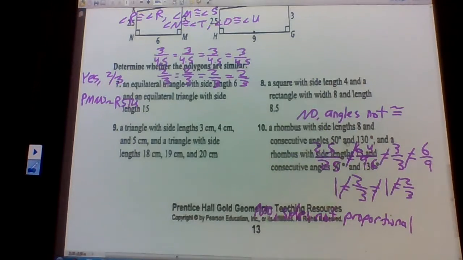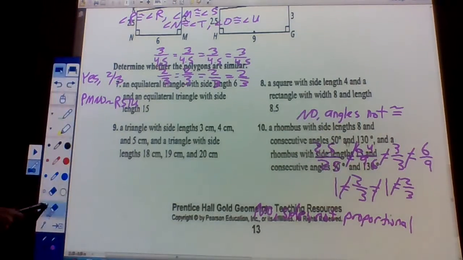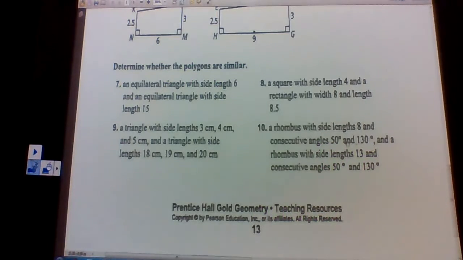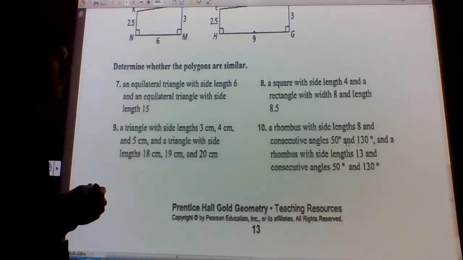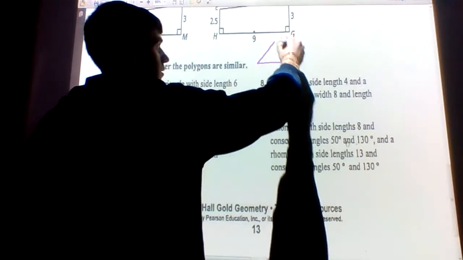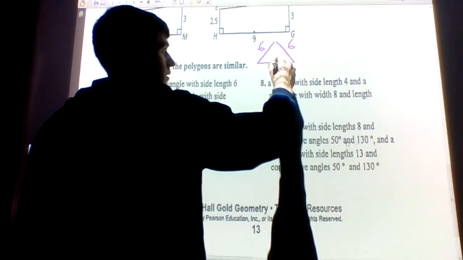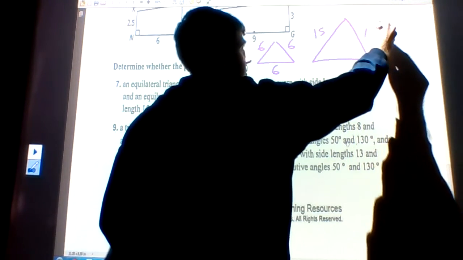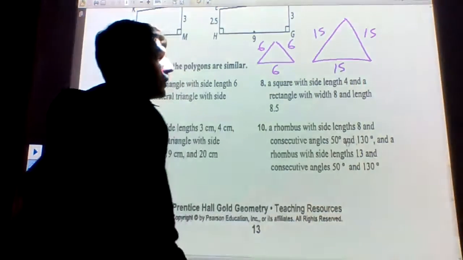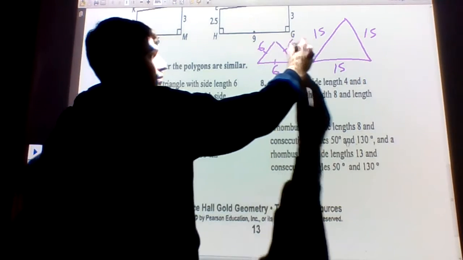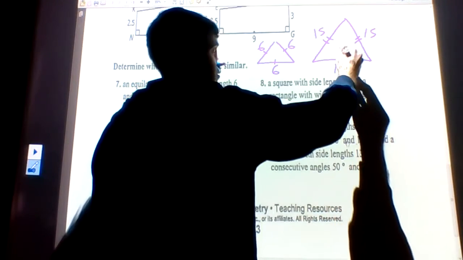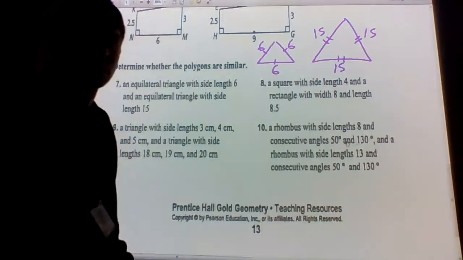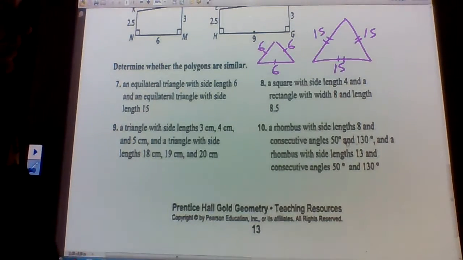Okay, 7, 8, 9, and 10 here. So we want to determine if they are similar. These polygons are similar: an equilateral triangle with side lengths 6 and an equilateral triangle with side lengths 15. We know equilateral triangles have 3 congruent sides.